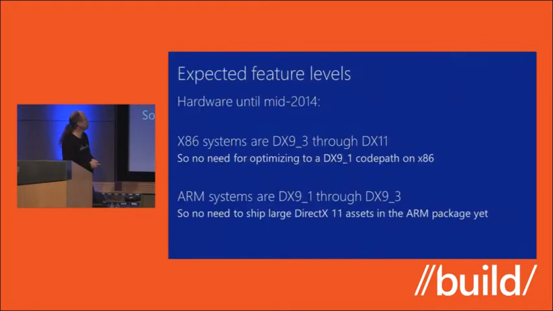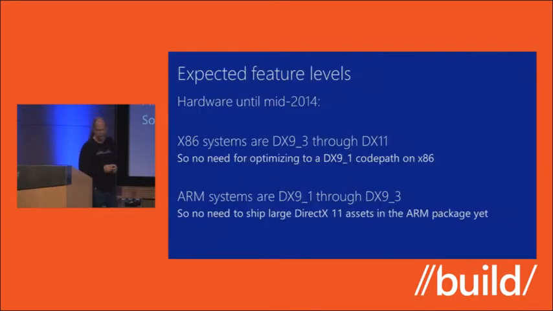Okay, so now we're going to talk a little bit about graphics. The key thing about graphics is that we have a platform of a large amount of hardware, and the range of feature sets on that hardware is also large. So there are DX9 chips out there in terms of their D3D feature level capability. There are DX10, there are DX11 chips out there.